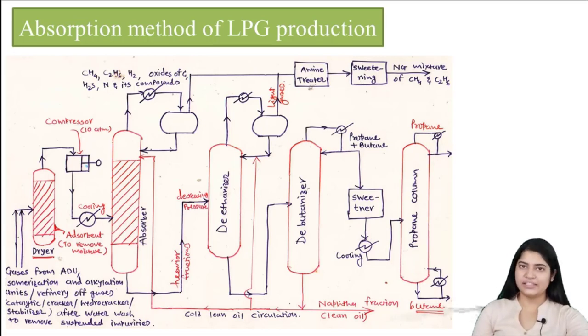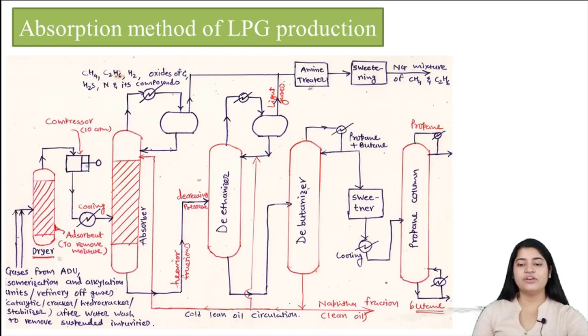So in the de-ethanizer your light gases are again extracted out, and of course those are light, so you get them at the top. Now the bottom product is sent to the debutanizer. In the debutanizer, at the top you get your propane and butane, whereas the heavy oil is taken out and recycled to the absorber.